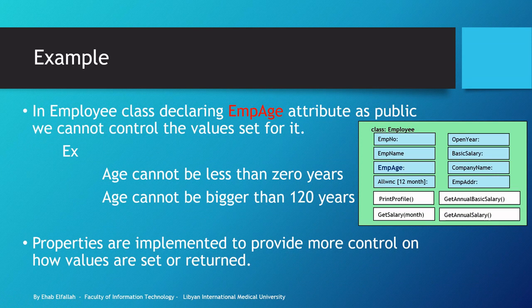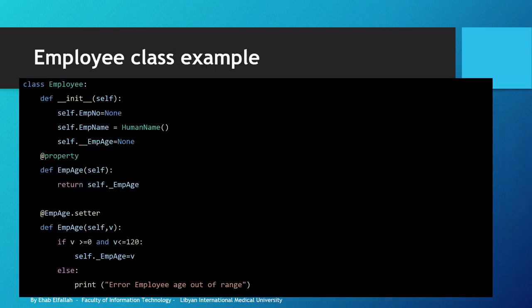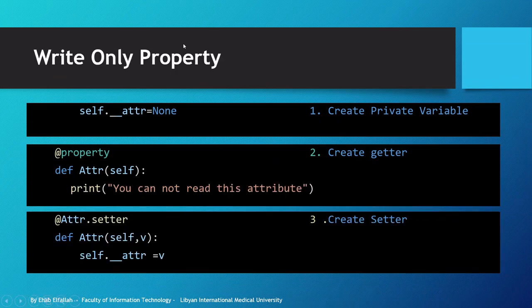It's not a healthy class if anyone can read your password. So in that way you need to make it a write-only property. So in the getter you say you cannot read this password. Only you can set the password, then you can compare the password with the login credential, for example.